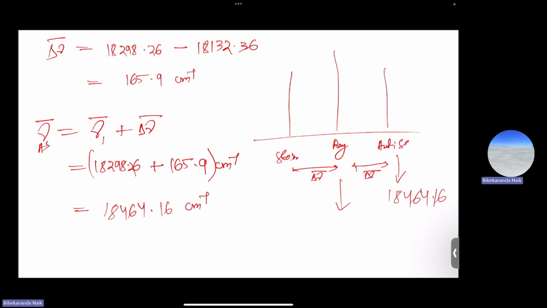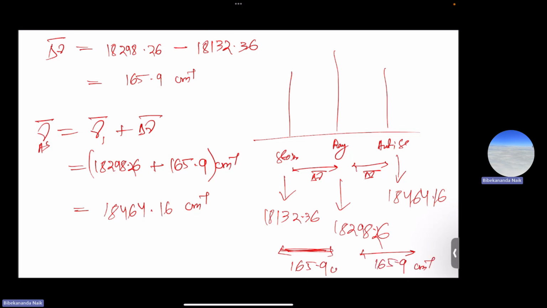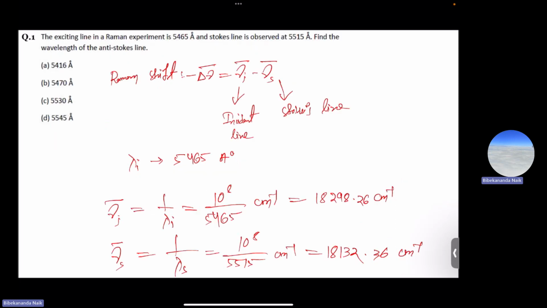So this is 18464.16. This is 18298.26, and this is 18132.36. So the difference between them is 165.9. Here also difference is 165.9 centimeter inverse. But here in our question it says what is the wavelength of anti-Stokes line. So how we will find the wavelength? Now the wavelength of anti-Stokes line is 1 by wave number of anti-Stokes line.